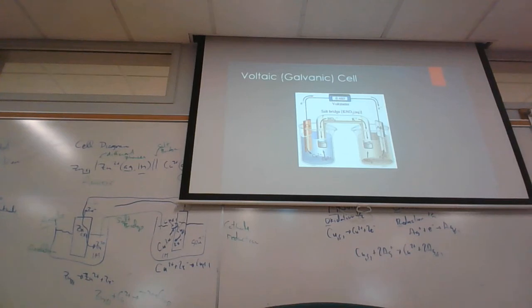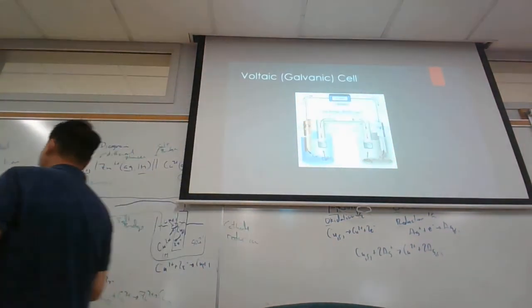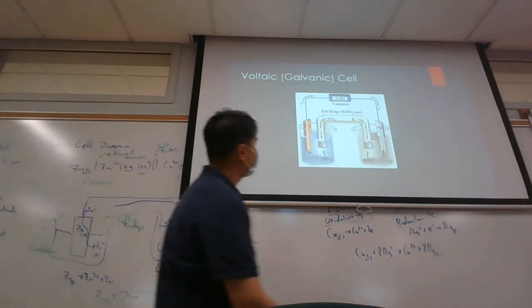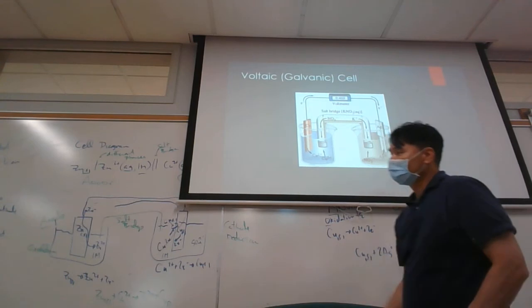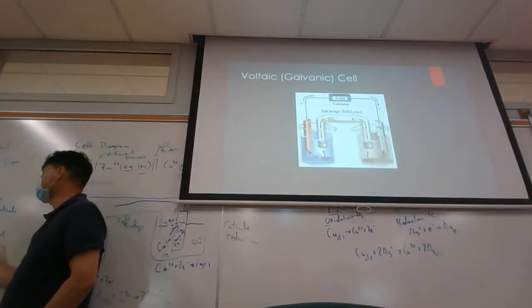Anode is where oxidation occurs, and so this is equal to the oxidation potential plus the reduction potential at the cathode. So if this is equal to 0.46 volts, this might not be under standard conditions because we aren't given the concentrations here. But let's say this is 0.46 volts. How much is due to this term and how much is due to this term?